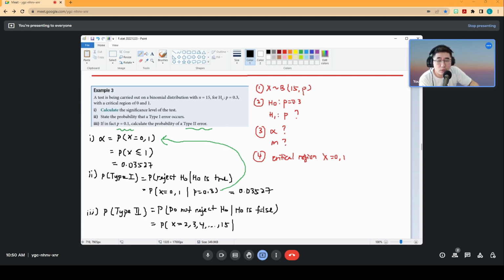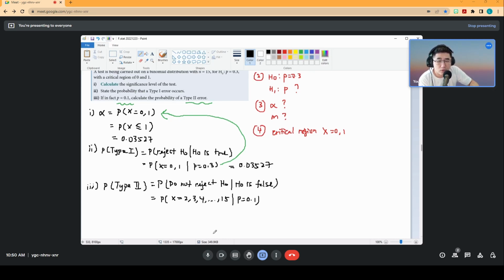If H0 is false, what will be the p-value? According to the question, p equals 0.1. So we need to calculate this, which is the same as 1 minus P of X less than or equal to 1. So 1 minus, select binomial CD, variable X equals 1, n equals 15, but p now is 0.1.